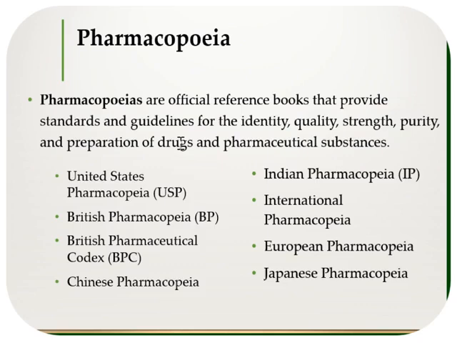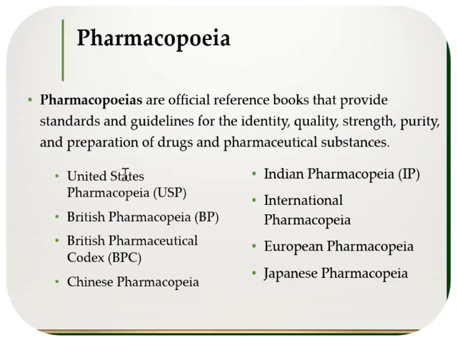A pharmacopoeia is the commonest one, and this is the official reference book that provides standards and guidelines for identity, purity, strength, tests and preparation of drugs. There are very many pharmacopoeias, and you are going to see them on drugs.